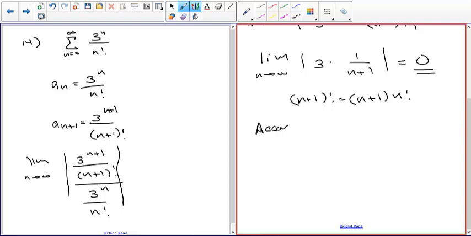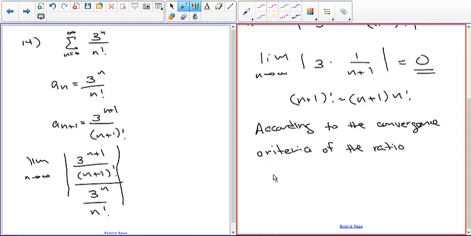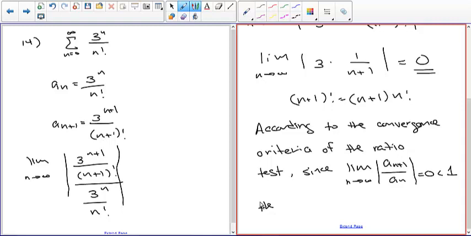We'll say according to the convergence criteria of the ratio test, since the limit as n goes to infinity of the absolute value of a sub n plus 1 over a sub n equals 0, which is less than 1, the series converges.